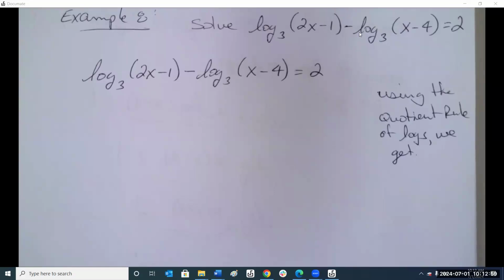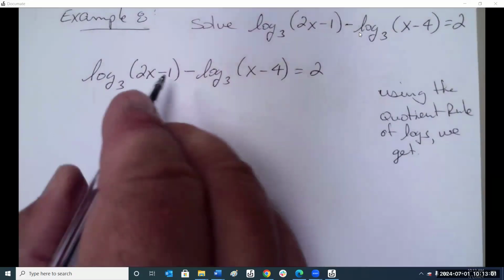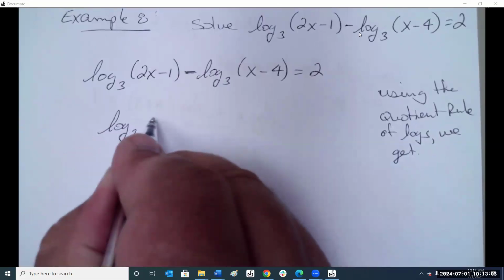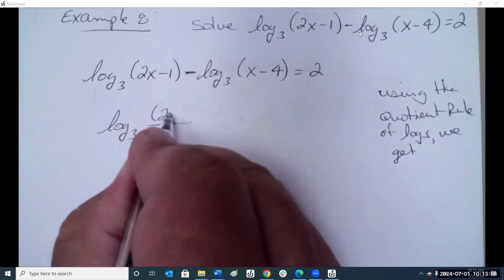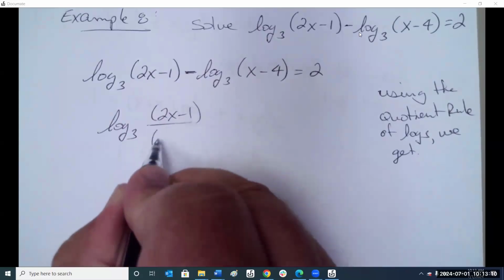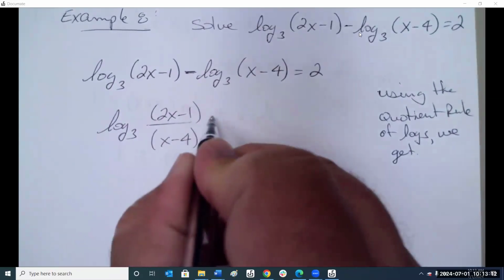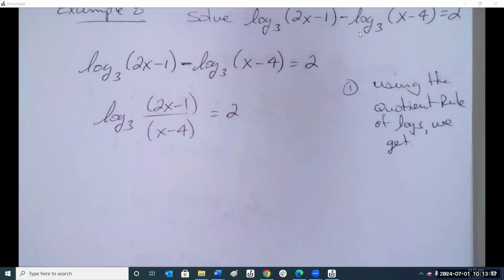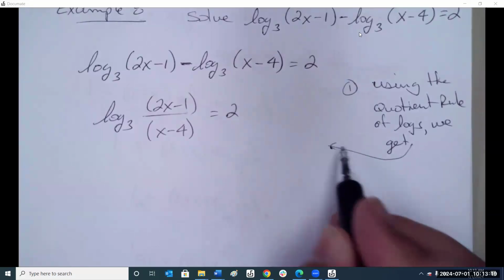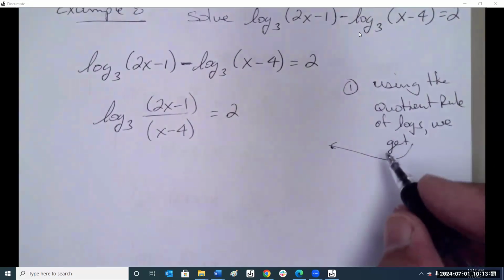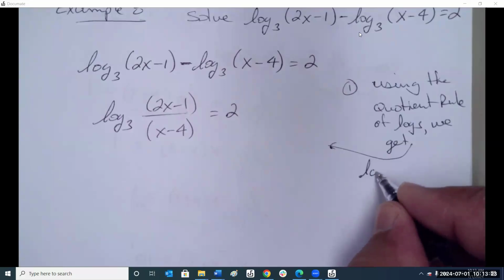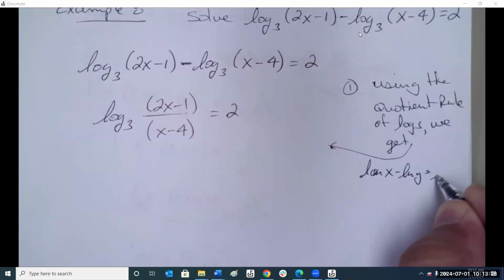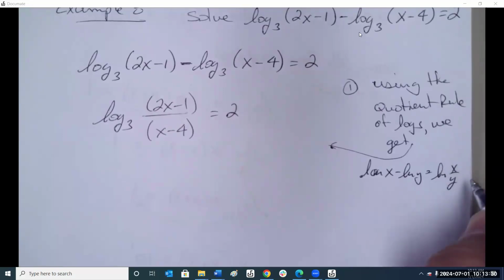Using the quotient rule of logs, since it's minus, it becomes log base 3 of 2x minus 1 over x minus 4 equals 2. ln x minus ln y gives us ln of x over y.